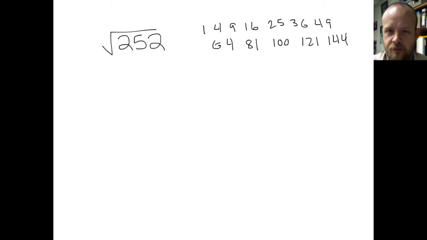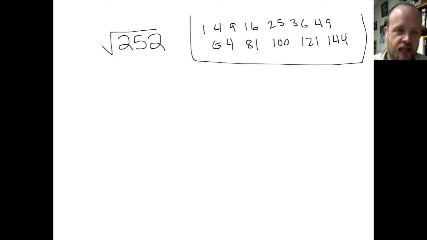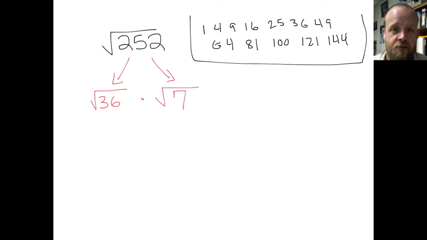But rewrite them a few times, you'll memorize these numbers. They're really important. So as we look at these numbers again, we've got to figure out which of these will go into 252. We do a little work back and forth. We figure out that it can be split into the square root of 36 times the square root of 7.